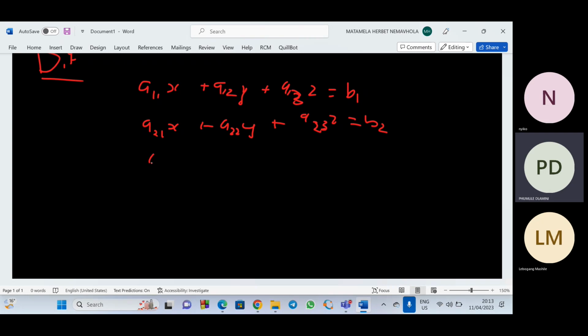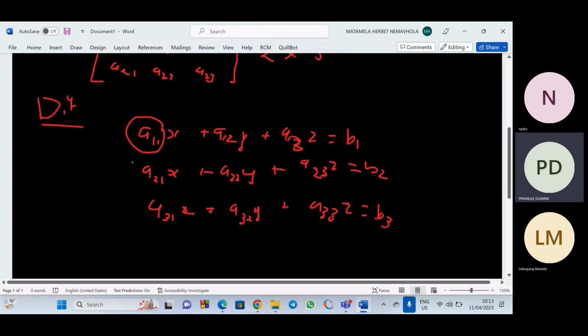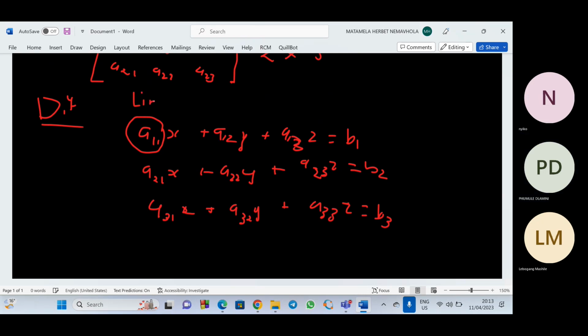Then another one is A31 X plus A32 Y plus A33 Z, which equals B3. When we write this, these are the coefficients of this linear system. We call it a linear system.